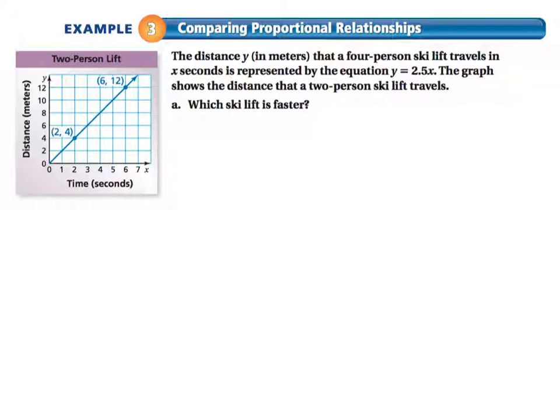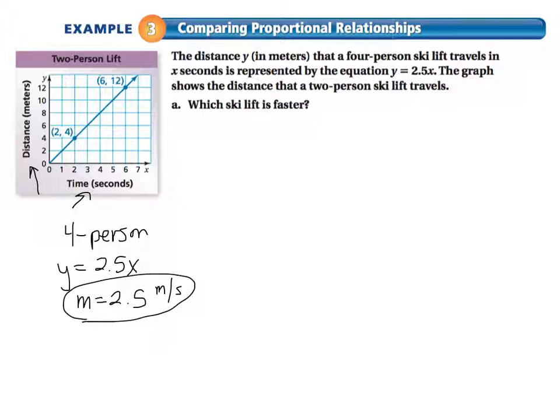Now, we don't have a graph for the 4-person, but we do know a 4-person ski lift has the equation y equals 2.5x. Well, that means the slope is 2.5. What does that mean? That means, look at our labels, y divided by x, this is 2.5 meters per second. So this is the 4-person ski lift.